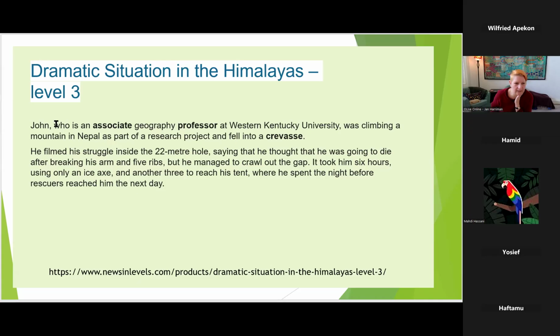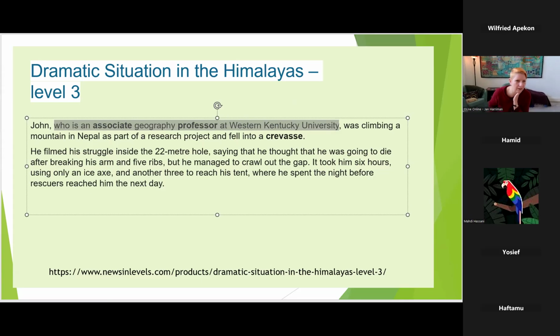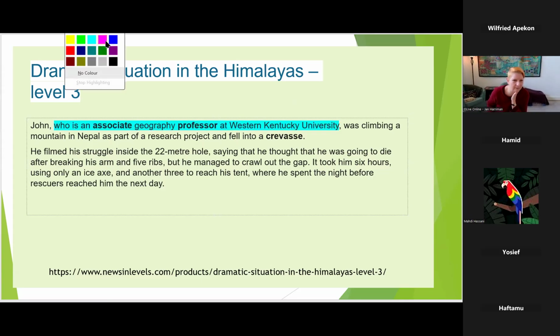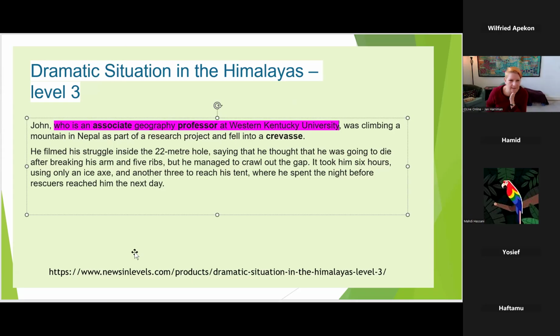So here we've got what's called a defining clause because it describes or defines John, right? John, who is an associate geography professor at Western Kentucky University, was climbing a mountain in Nepal.